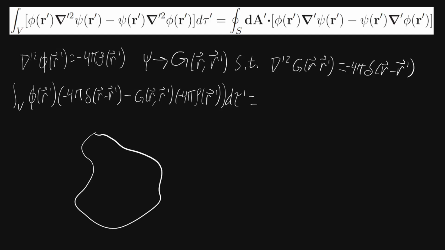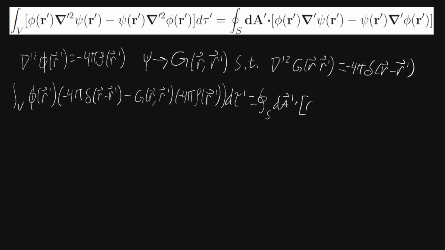So if we have some arbitrary volume with charges in it, or let's say it's a uniform charge density, some rho, then the surface integral is integrating over the surface, and then the volume integral is obviously integrating over the volume. And so we have a surface integral, dA prime, that's our differential, and then we're dotting that with our scalar functions, and we don't know what the gradient of g or the gradient of phi is, so we're just going to leave them how they are.